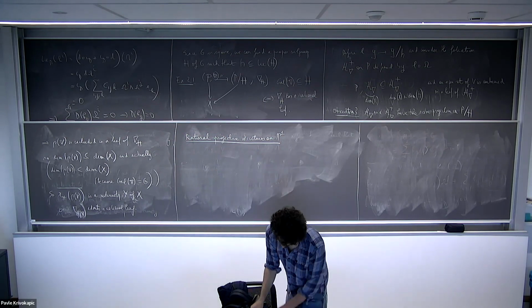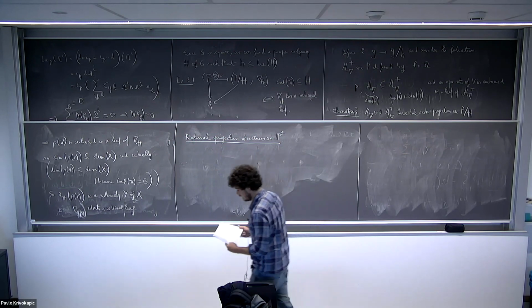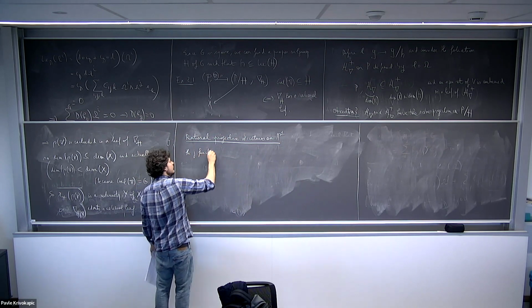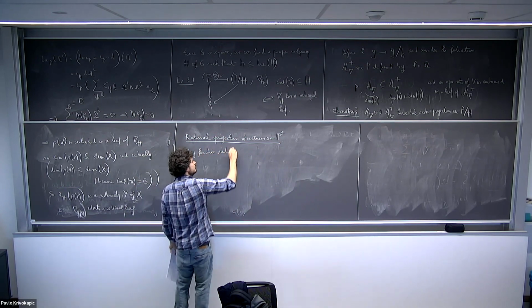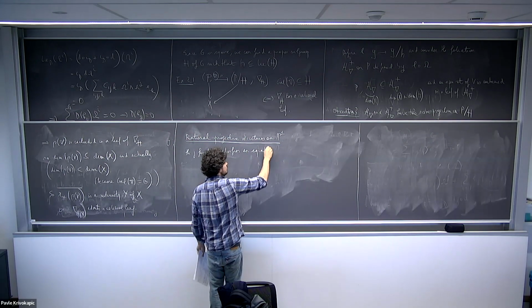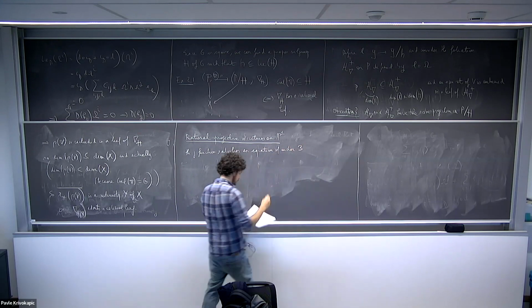Okay. So let me first start by saying which differential equation the J function satisfies. So the J function satisfies an equation of order 3. So I'm going to write it explicitly.